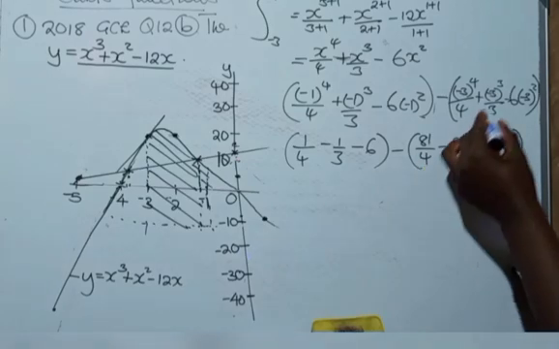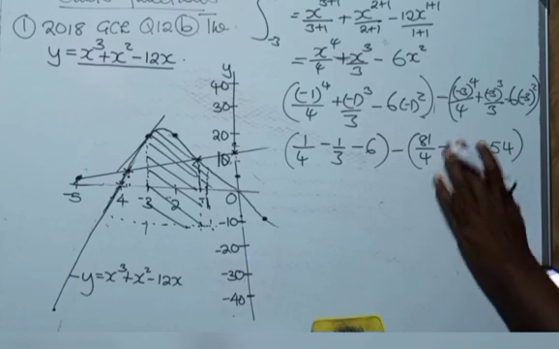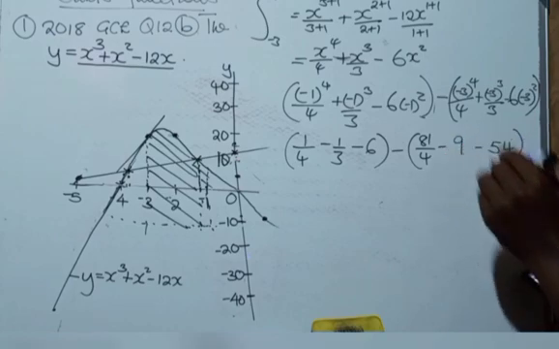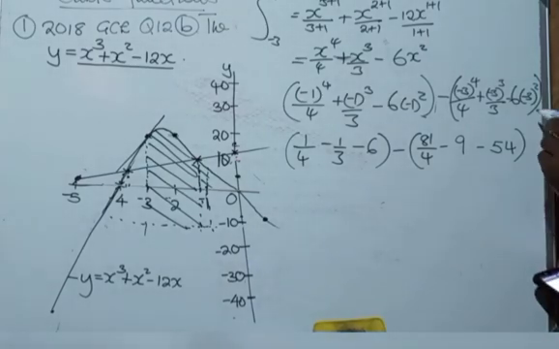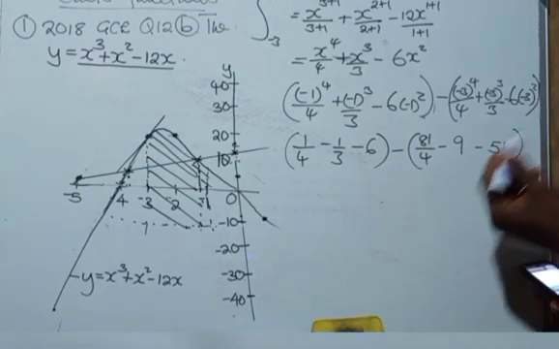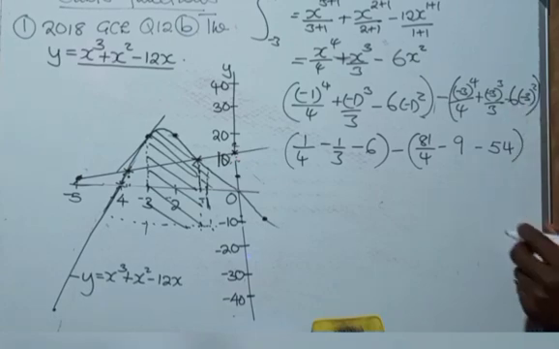Then 3 cubed is 27 over 3, which is 9, because 27 divided by 3 is 9. Then 3 squared is 9, and 9 times 6 is 54.